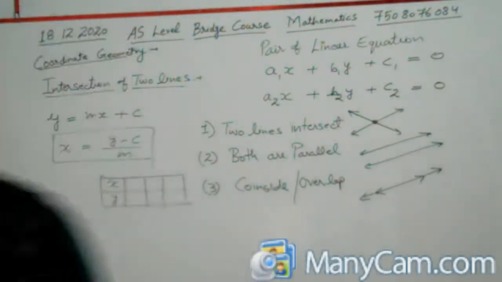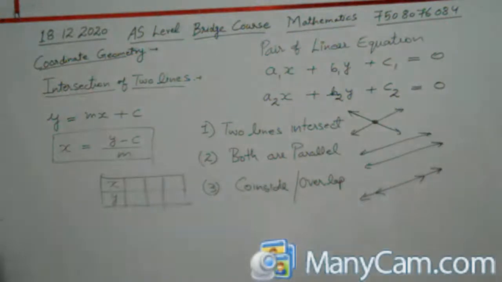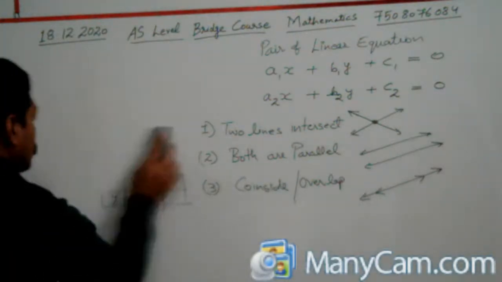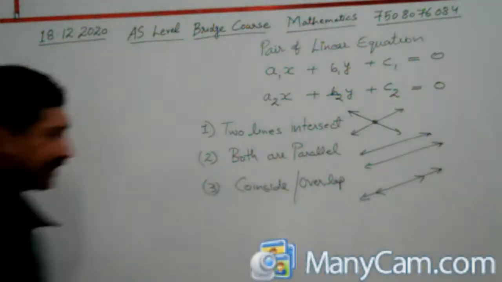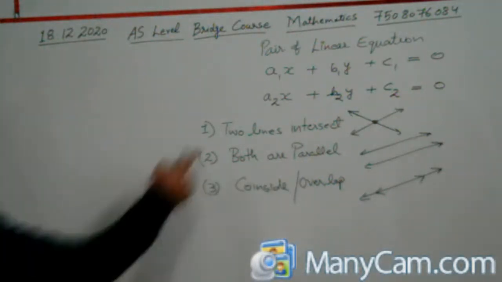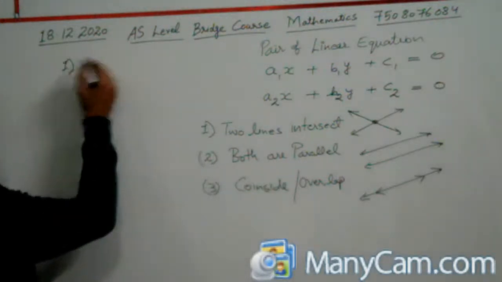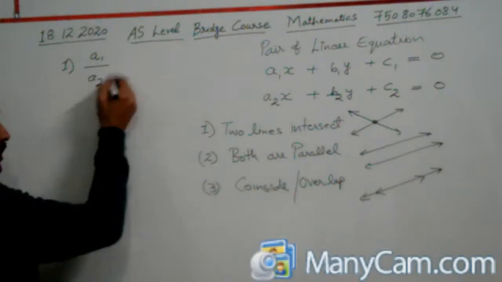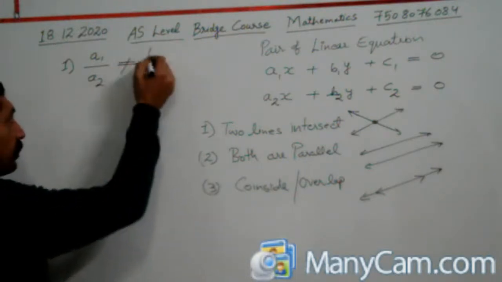In the case of intersecting lines, in the first case we always have a1 upon a2 is not equal to b1 upon b2.